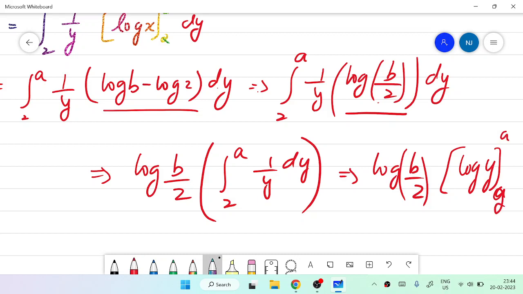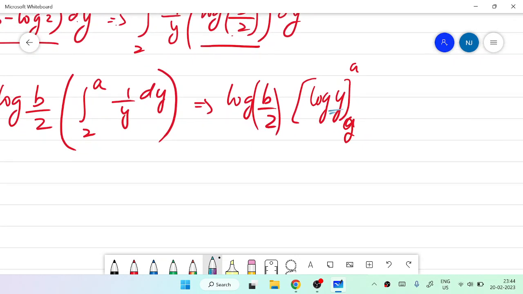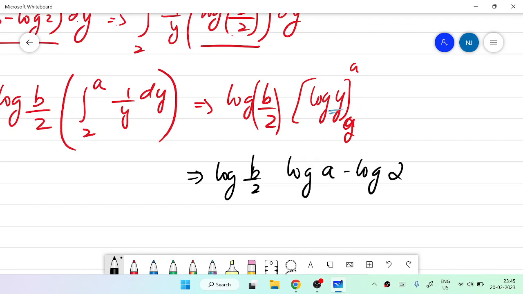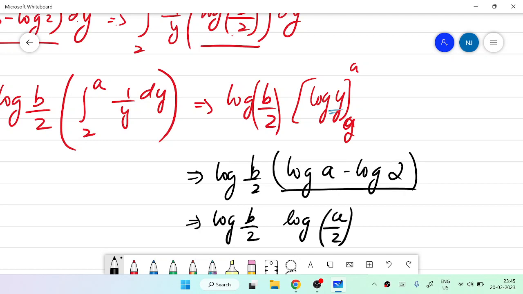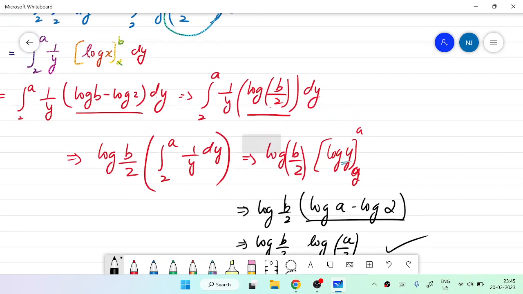So I'm keeping the constant log of b by 2, and then log a minus log 2 will come. Then log of b by 2 into log of a by 2 will come. Understood? So I'm just converting this minus log like this. So here the double integral value would be log of b by 2 into log of a by 2.